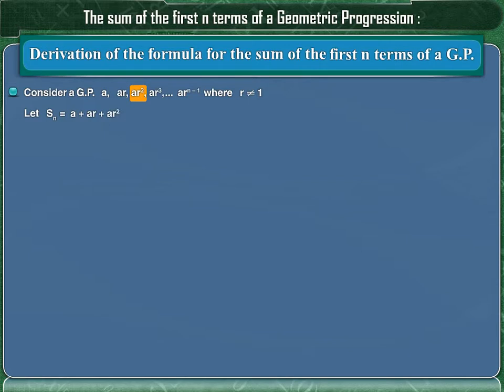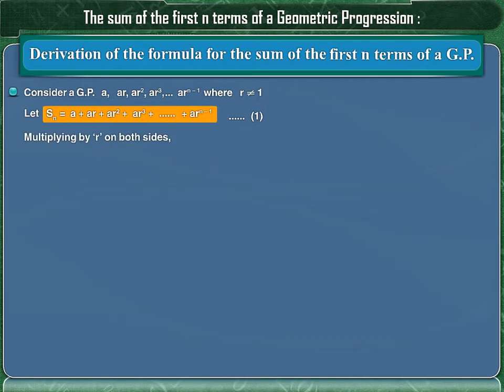Multiplying by r on both sides, we get r Sn is ar plus ar raised to 2 plus ar raised to 3 and so on up till plus ar raised to n minus 1 plus ar raised to n.